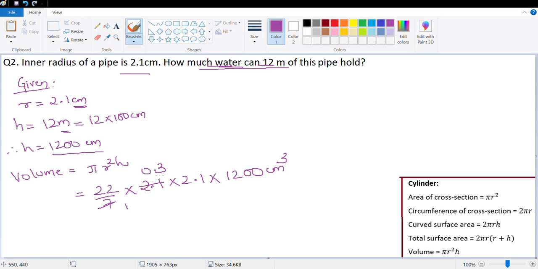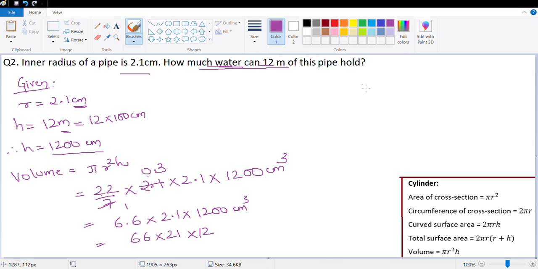So this is 22 into 0.3, that's 6.6 multiplied with 2.1 multiplied with 1200 centimeter cube. So these two decimals go away if I remove this decimal. So this is 66 into 21 into 12.